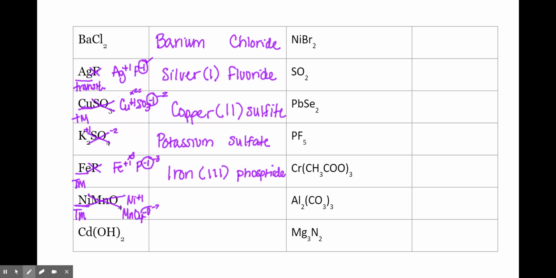It should be -2. So then I have to multiply this one by 2 to get +2. I'm going to write nickel with a parentheses and then 2. MnO4 is manganate. Okay.